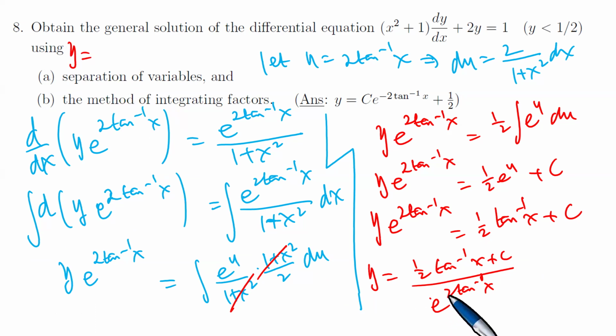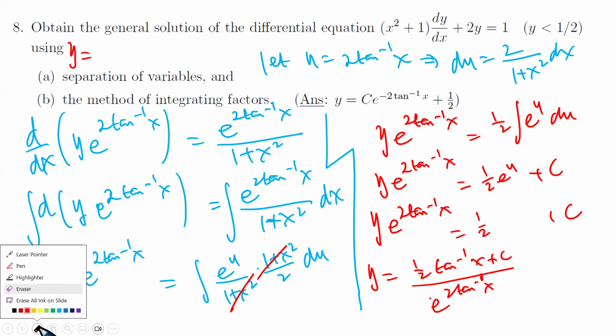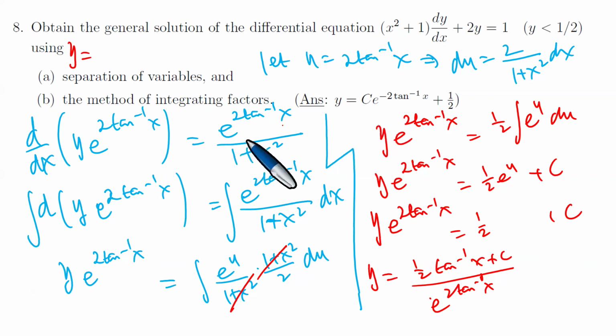Okay, now let's see what you're going to have here. Is this not just e? Okay, this one is e to the u. But u is 2 arctan x, so it's e to the 2 arctan x.